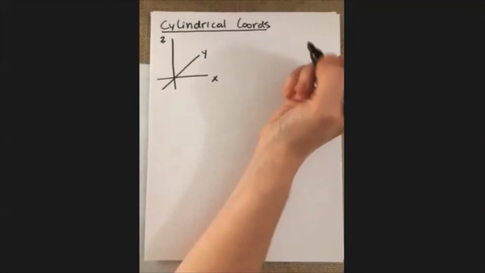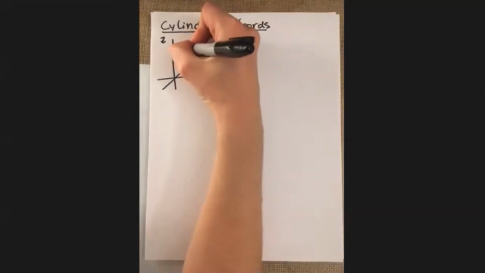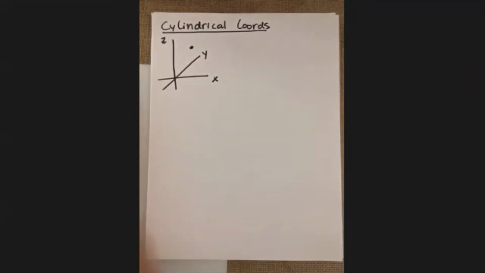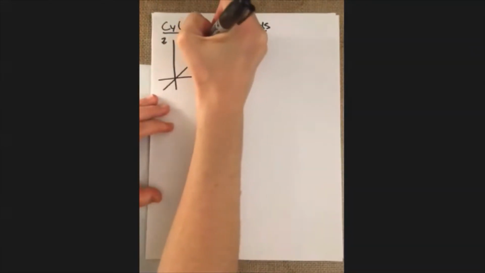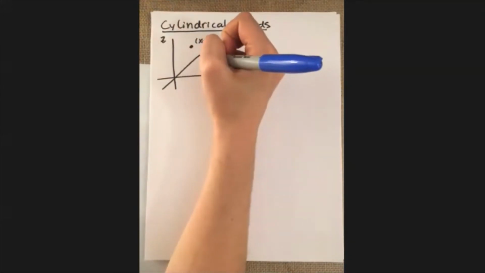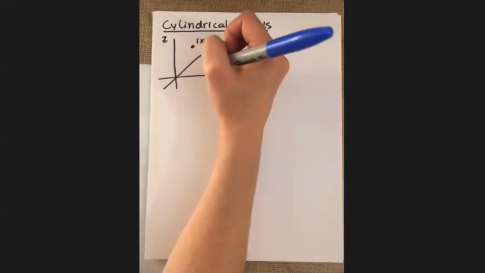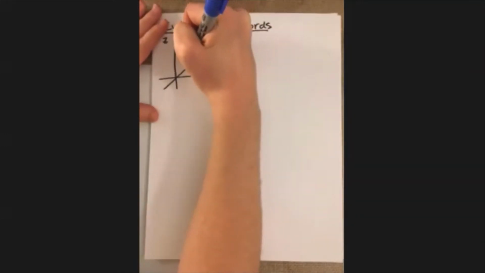So when we're thinking about a point in the x, y, z space, say it's out here, you can think about it as hovering above the XY plane. So it's got a shadow that comes down here.